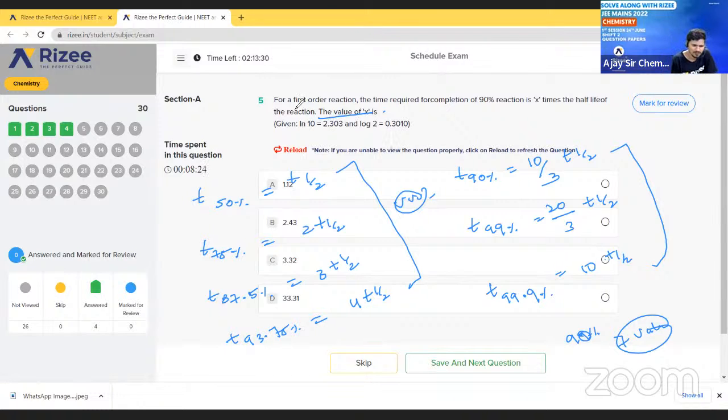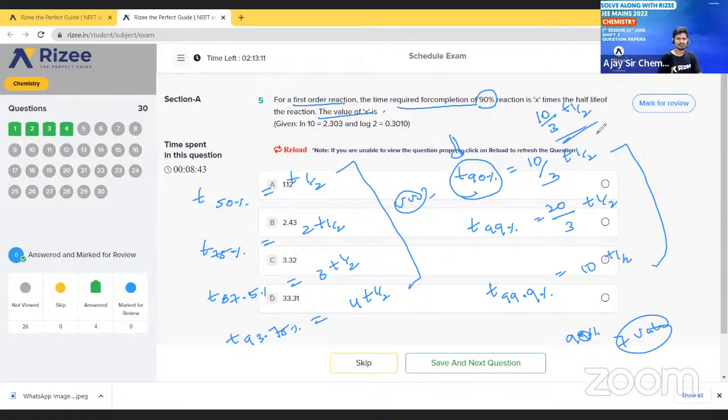See here, for the first order reaction, time required for the completion of 90% of the reaction. I said this trick. 90% of the reaction is completed, so what is the half-life? 10 by 3 T half.